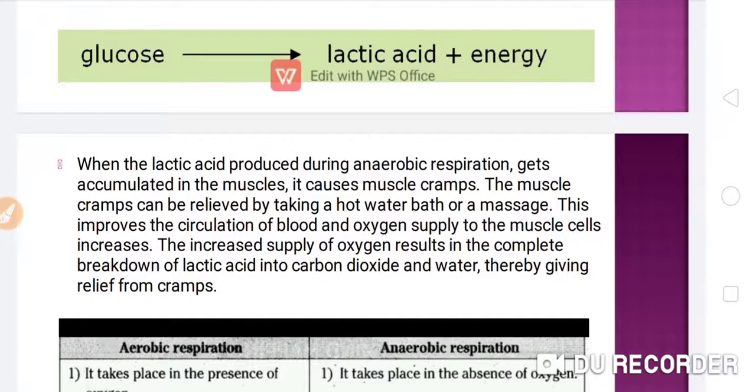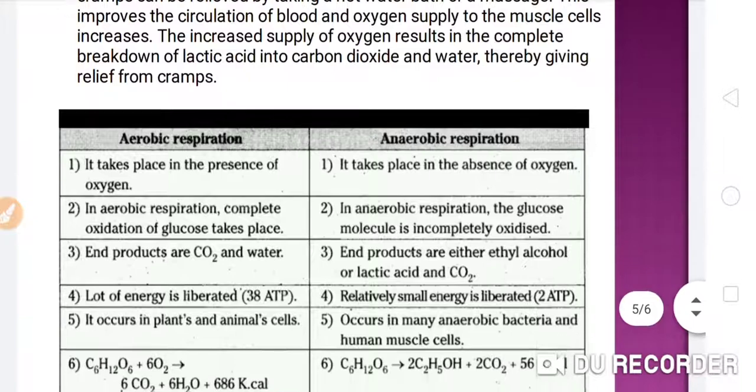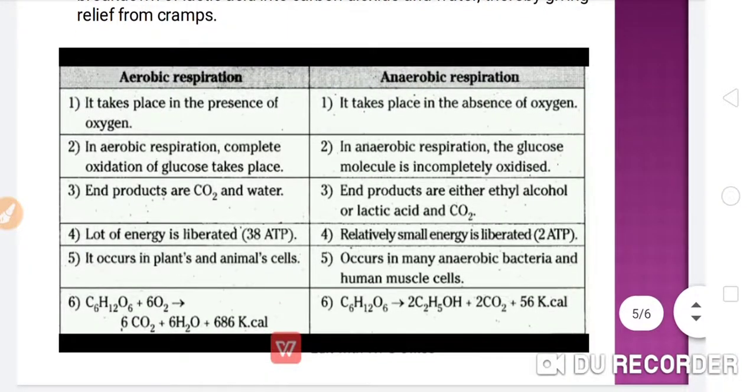Now differences, this is very important. What are the differences between aerobic respiration and anaerobic respiration? From this table you can see, the first point: aerobic respiration takes place in the presence of oxygen, and anaerobic respiration takes place in the absence of oxygen.